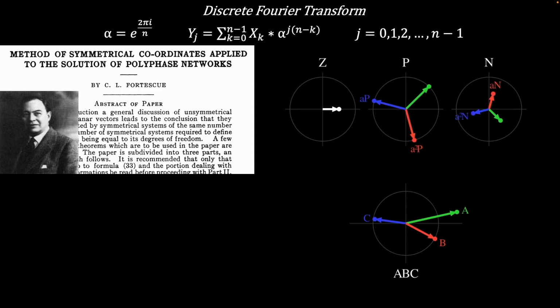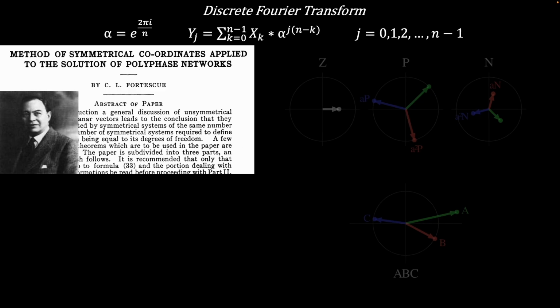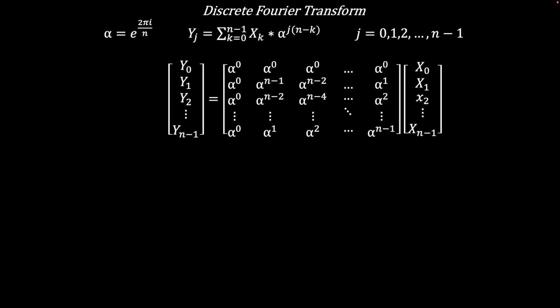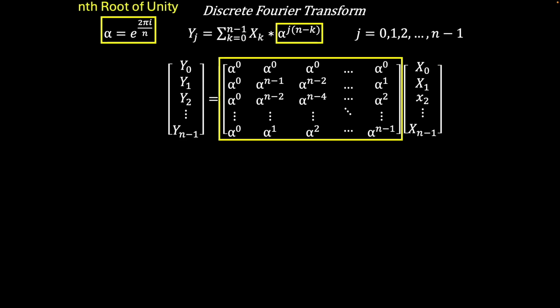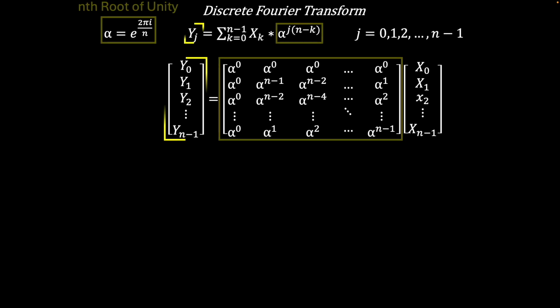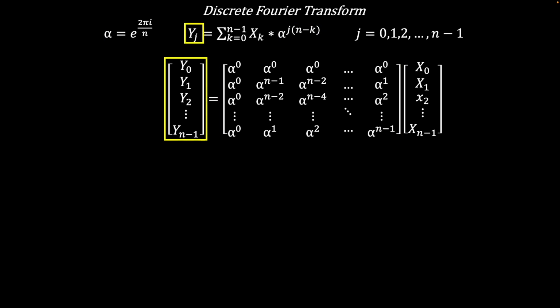So this idea has been introduced by many people for many applications, and in its fully expanded form, the equation represents an input set of complex numbers multiplied by a matrix made up of powers of roots of unity, which outputs a new set of complex numbers. This video will focus on the geometric aspects of this equation.